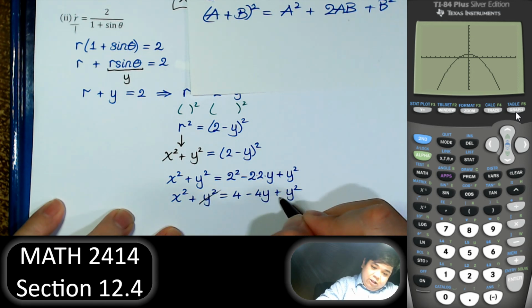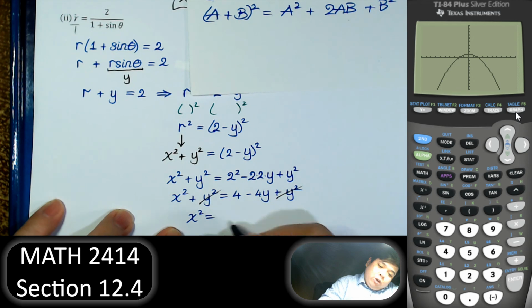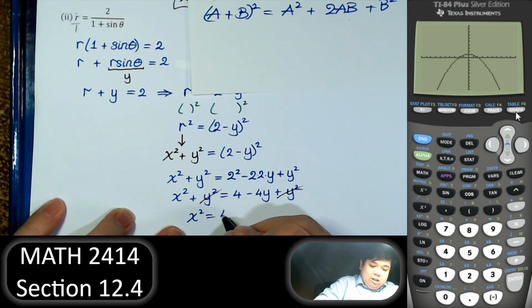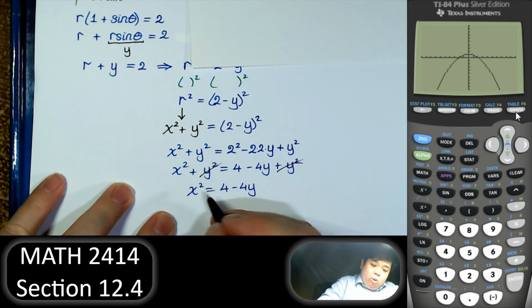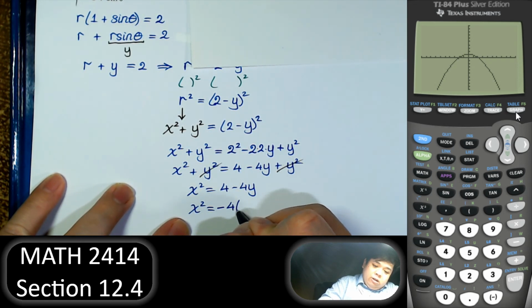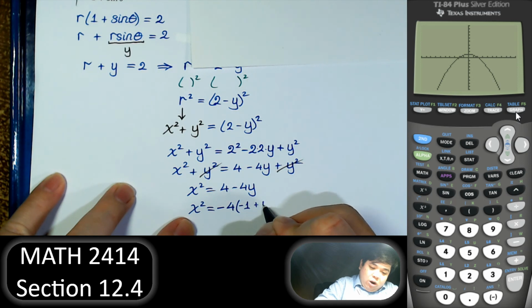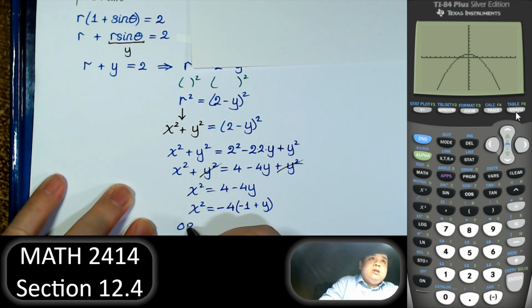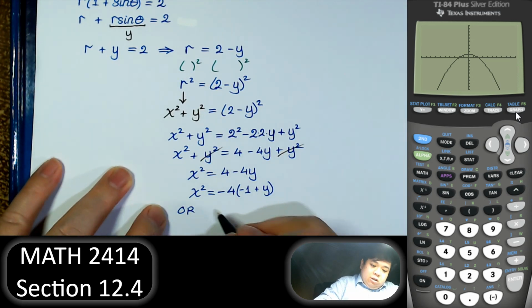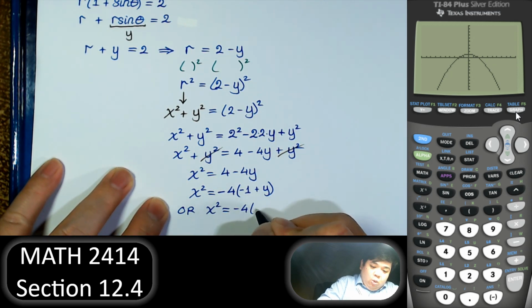Cancel out. We have x squared equal to 4 minus 4y. If we factor out the negative 4, x squared equal to negative 4, and factor out, so we have negative 4 times (y minus 1), or x squared equal to negative 4(y minus 1).